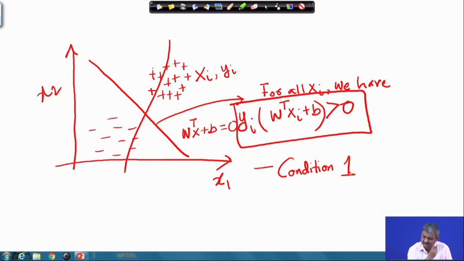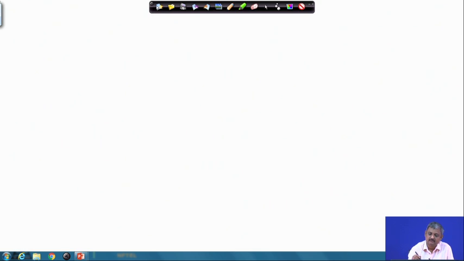What it says is that the plus and minus points put some constraint on which linear discriminants we can choose, so that it correctly classifies. But now let us look at one thing. Okay, fine, I want to satisfy that.